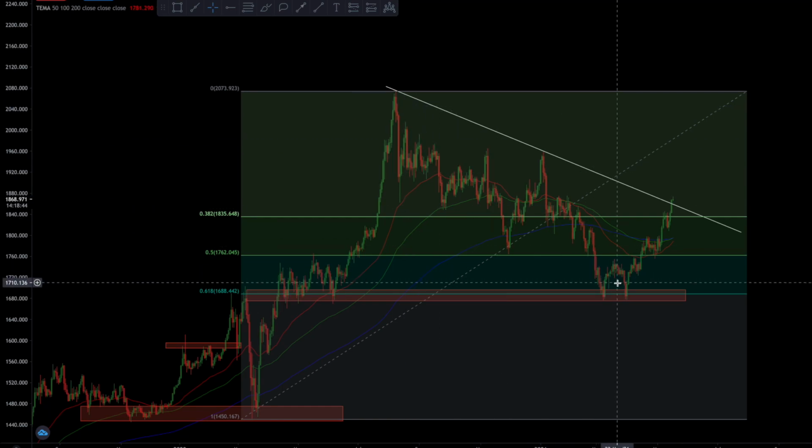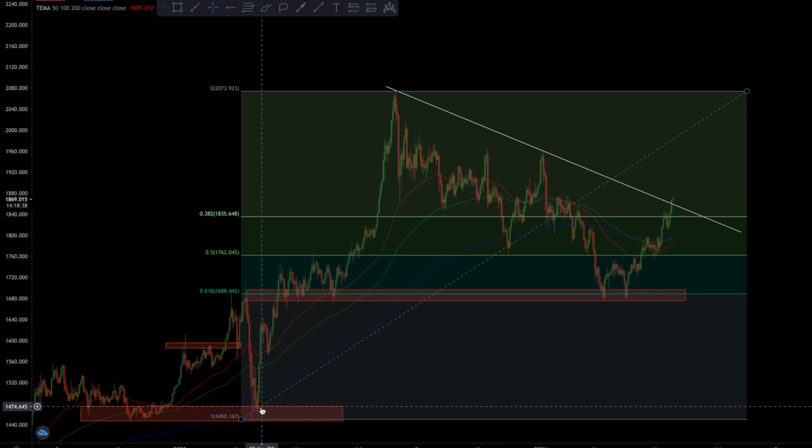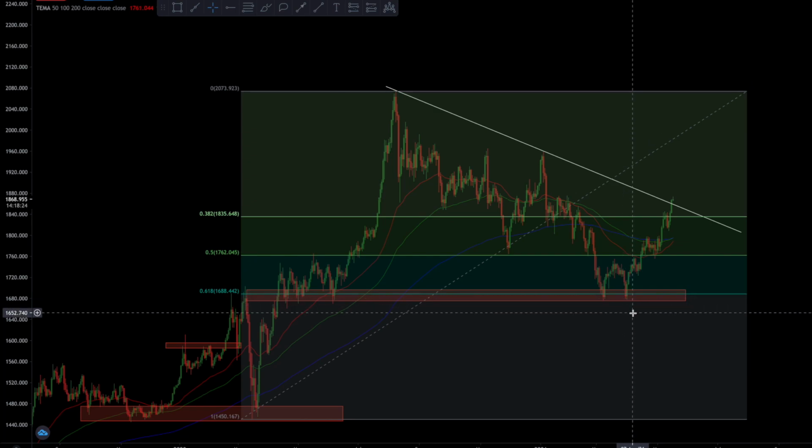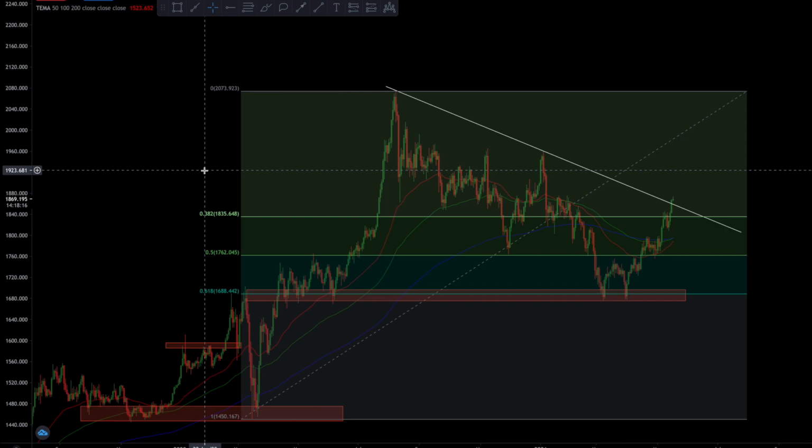And so to draw a new Fibonacci, we have to start from the beginning of the big move, which would be over here, and to the high, which will be over here. And then we got a retracement till 0.618 level. And then we also have a support. So we could have an entry over here, and we can keep the stop loss a few pips below this level depending upon the time frame which you are using, and also the volatility of the chart.